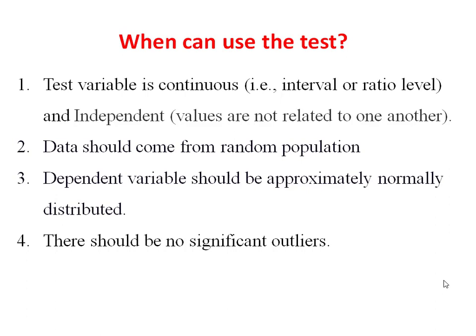Second condition, data should come from a random population. Third one, the dependent variable should be approximately normally distributed. Fourth one, there should be no significant outliers. These are the four conditions to use a one sample t-test.